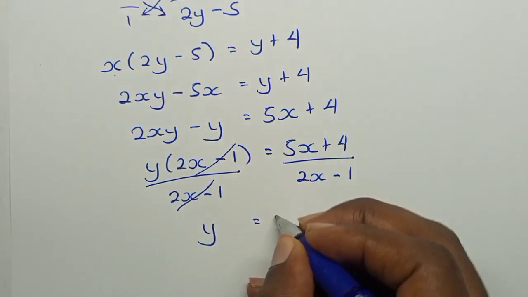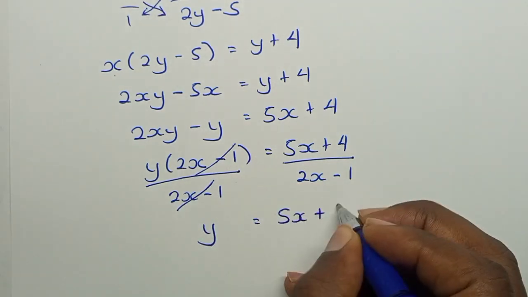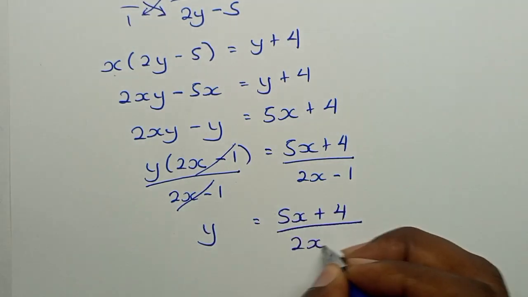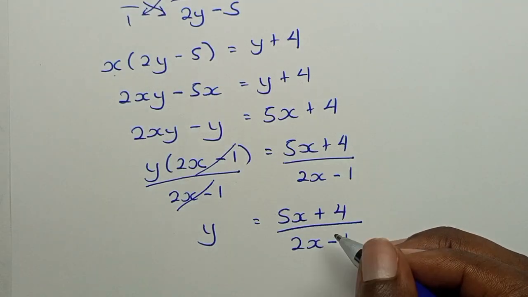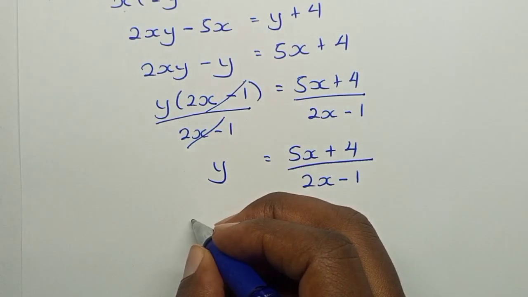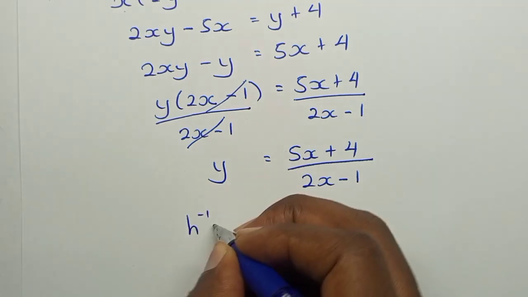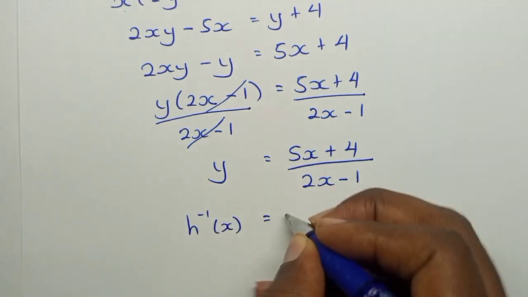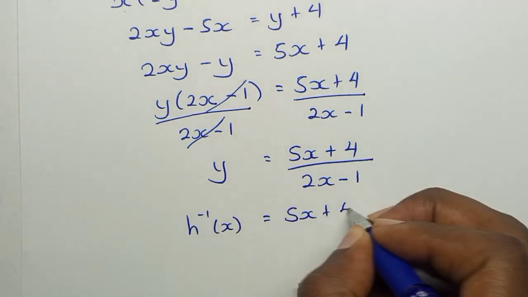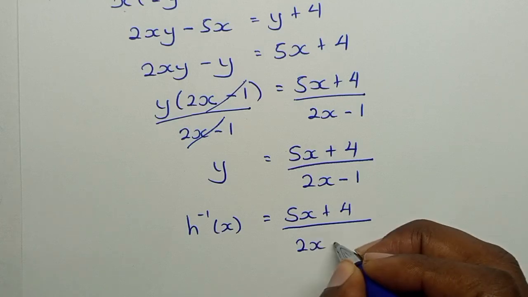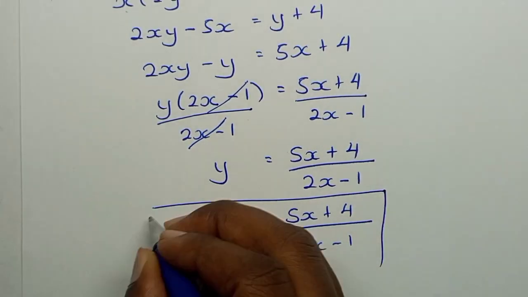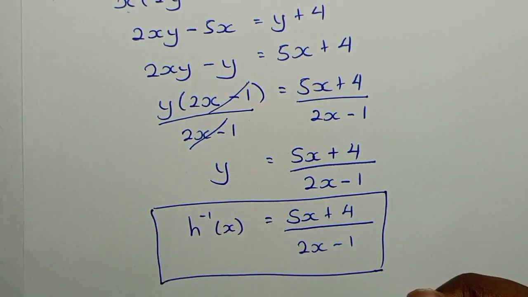So y equals 5x plus 4 over 2x minus 1. Therefore, this is the inverse. So the inverse of h of x is 5x plus 4 over 2x minus 1. So that's how you find the inverse.